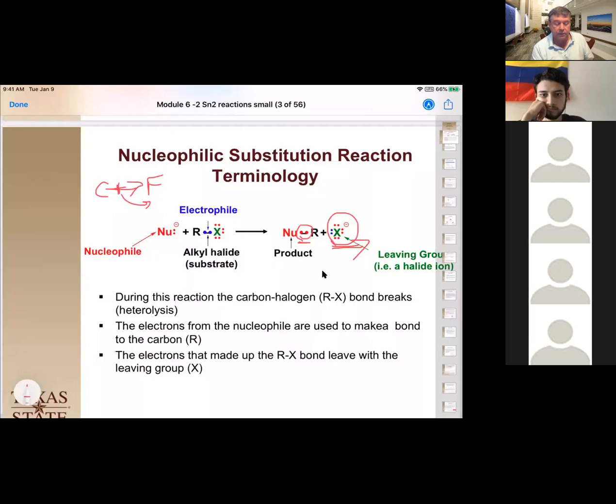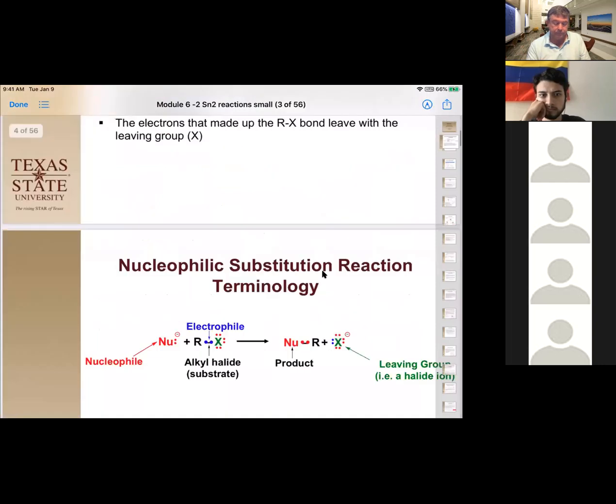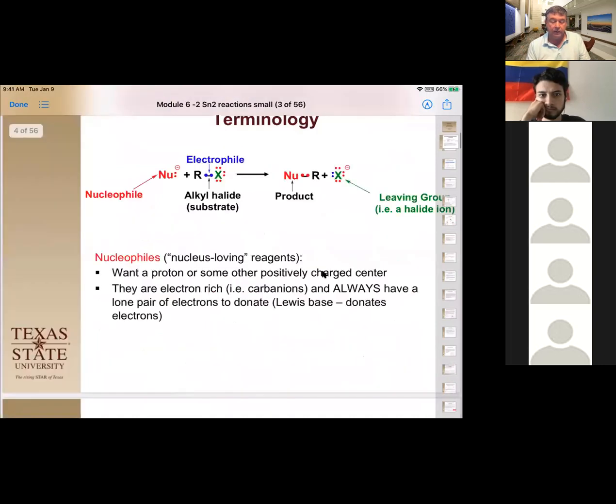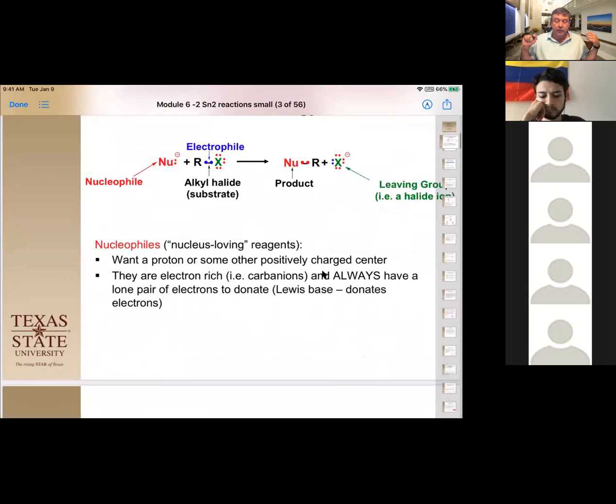Notice these electrons are the ones that are going to create the new sigma bond. These electrons are going to go away with your leaving group. Okay. So in all these cases, typically you want to have your nucleophile, or positive charge loving reagent, come in and react. It's going to look for something that is either positively charged or a proton, or at least partially positively charged.